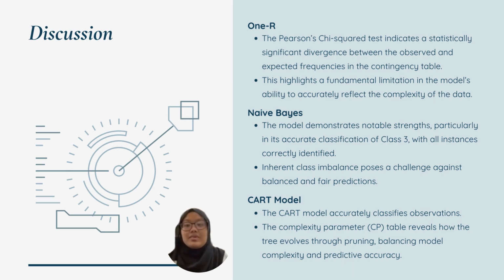Inherent class imbalance poses a challenge against balanced and fair predictions. Next is the CART model. The CART model accurately classifies observations. The complexity parameter CP table reveals how the tree evolves through pruning, balancing model complexity and predictive accuracy.